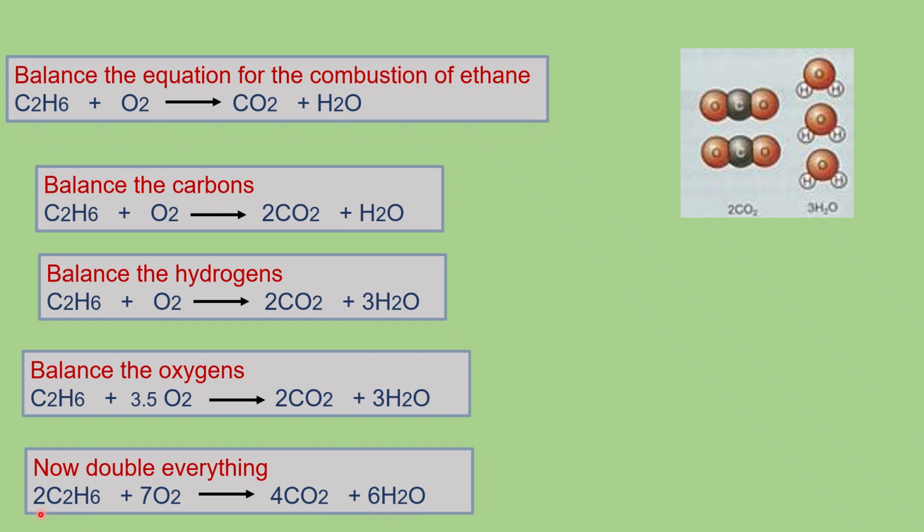If you count, you have 4 carbon in and out. You have 12 hydrogen in and 12 hydrogen out. And the oxygen, 14 atoms in, and here 8 plus 6 is 14 atoms out.